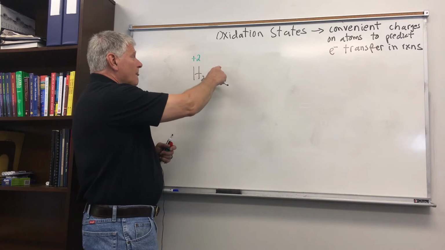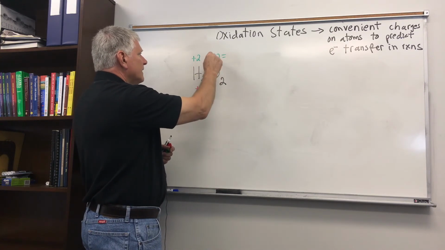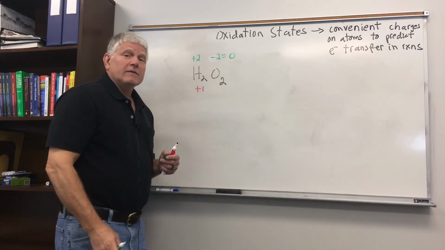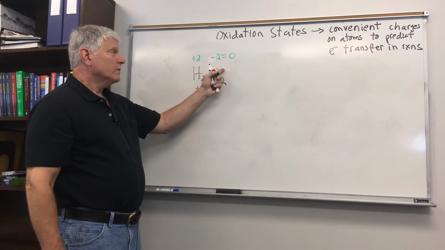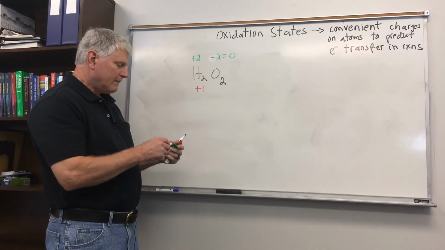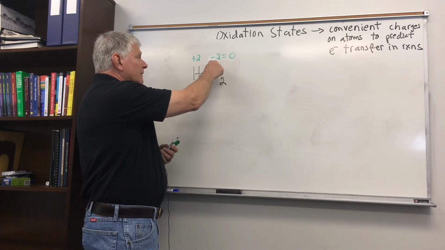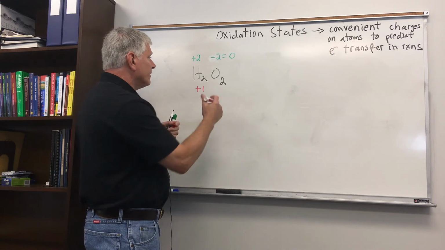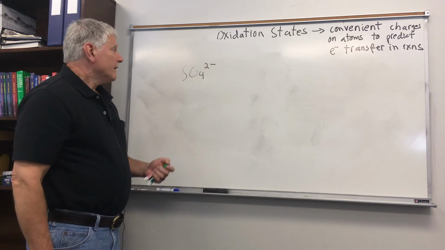That means that the total on the oxygen atoms has to equal -2 to give a total charge of 0, because the charge on the molecule is 0. So that means that since we have 2 oxygens and the total is -2 on oxygen, each oxygen atom has to be -1.